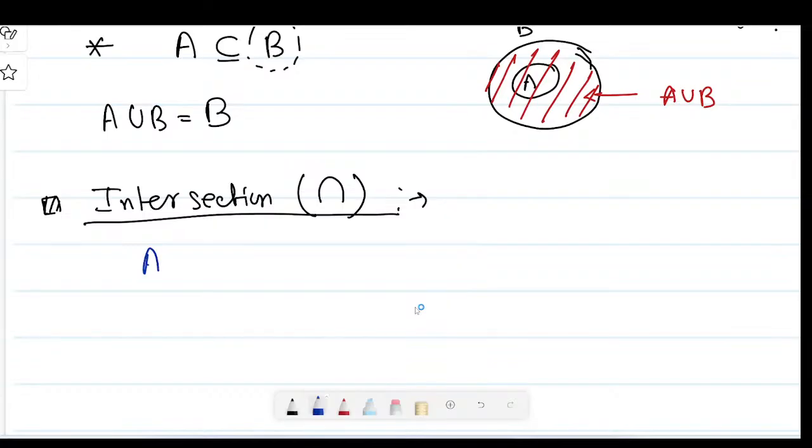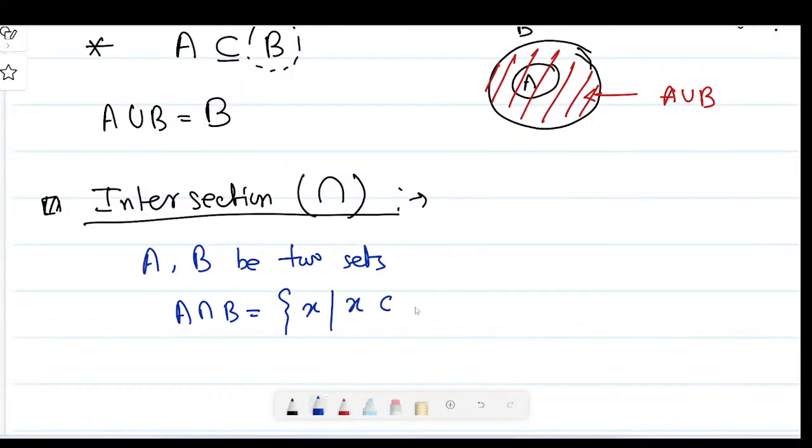Like if A and B are two sets, then A intersection B is only the common part. That will be, if the element is x from A intersection B, then x such that x belongs to A and x belongs to B.